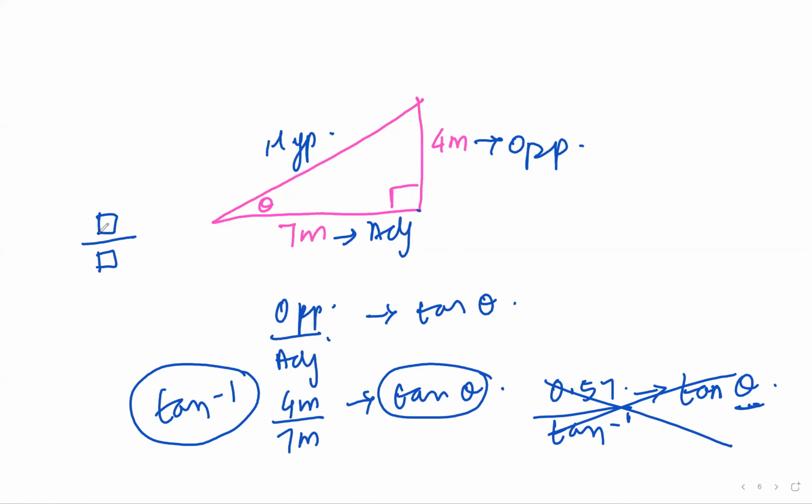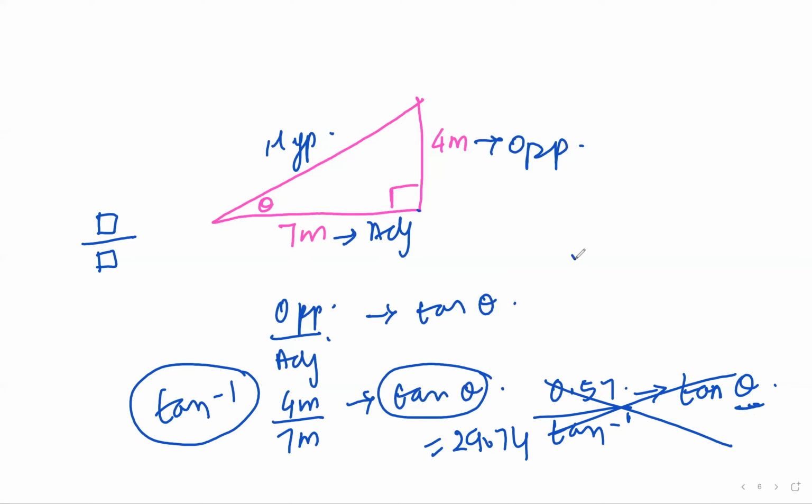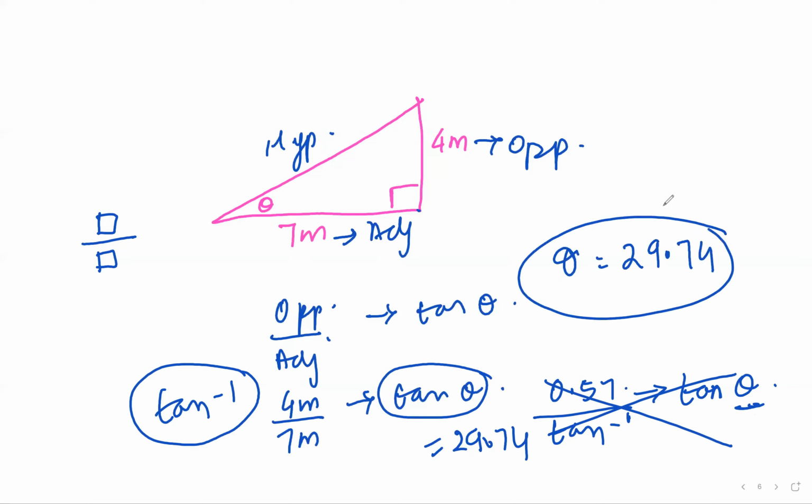You will get the answer as 29.74. Are you all with me, kiddos? This applies to GDCs also, but there you will select EXE. Okay, next sum. So what is my answer over here? Theta is equal to 29.74.